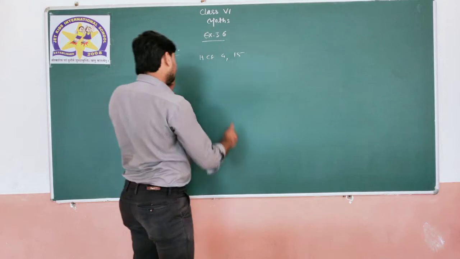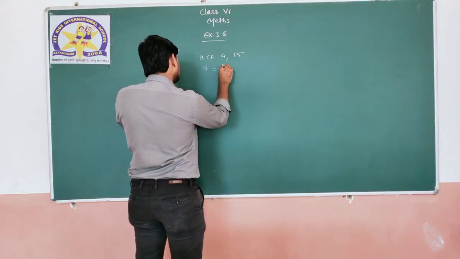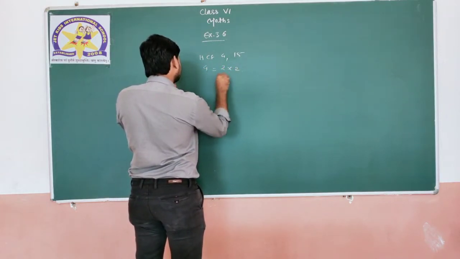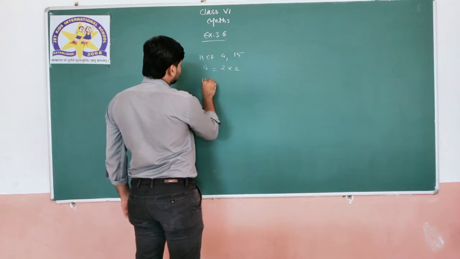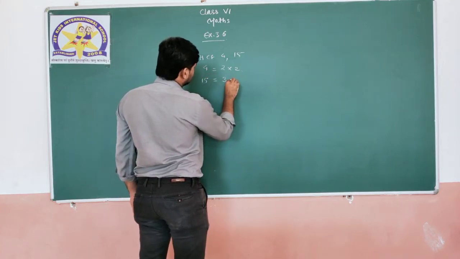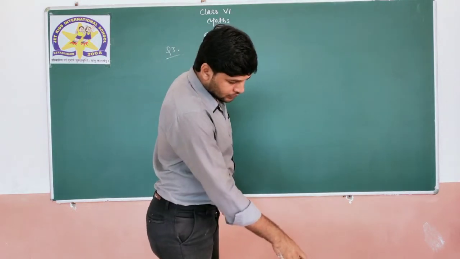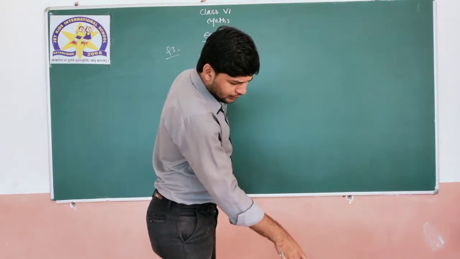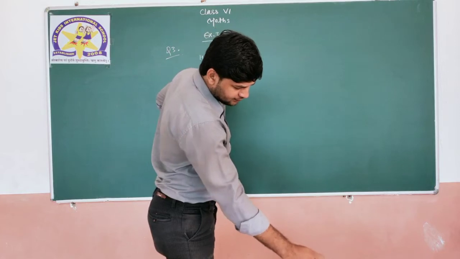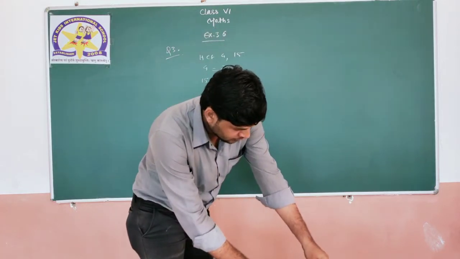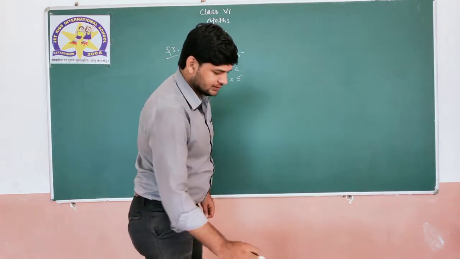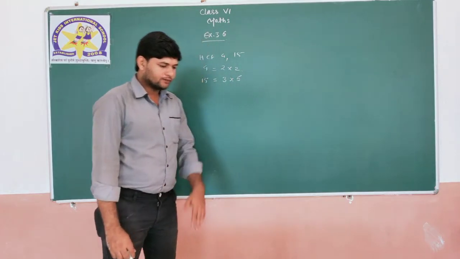That is given already. 4 is equal to 2 multiplied by 2 and 15 is equal to 3 multiplied by 5. So, since there is no common factor, the HCF of 4 and 15 is 0. Is the answer correct? If not, what will be the correct answer?